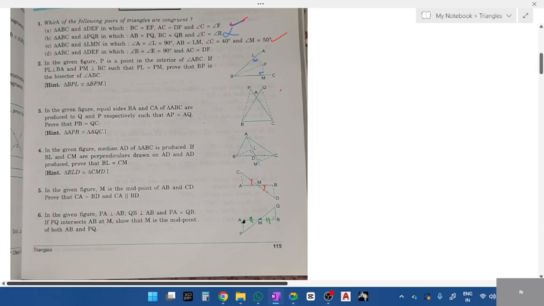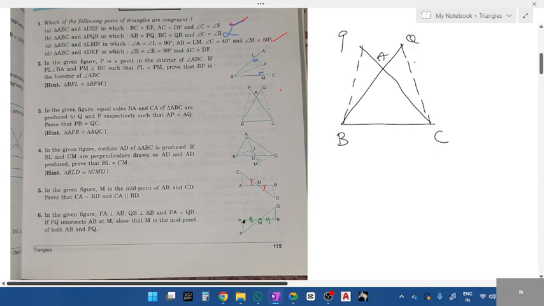In the given figure, what are the equal sides? BA and CA is one pair.